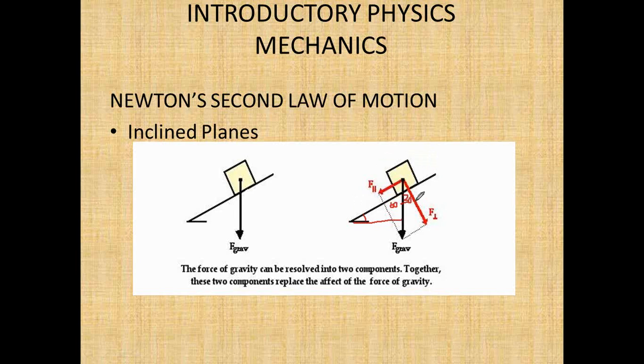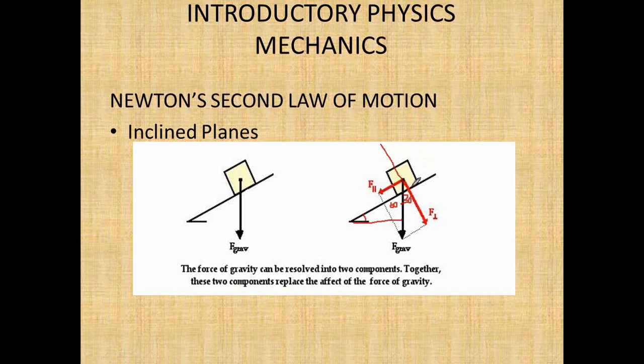There is a component that is perpendicular to the surface and it goes straight up. The perpendicular component goes straight up, and this is the normal force now. On a flat surface, the normal force is equal and opposite to the force due to gravity.